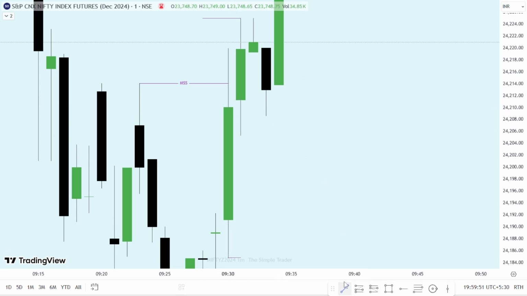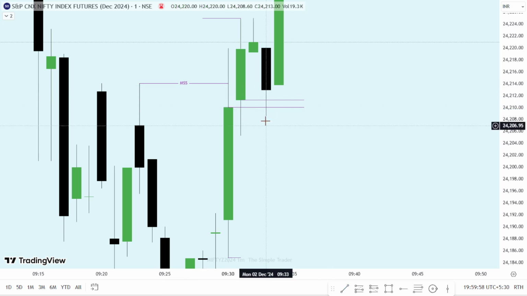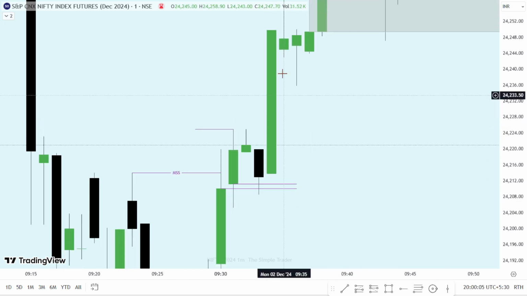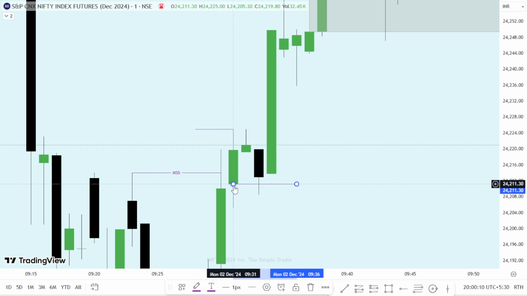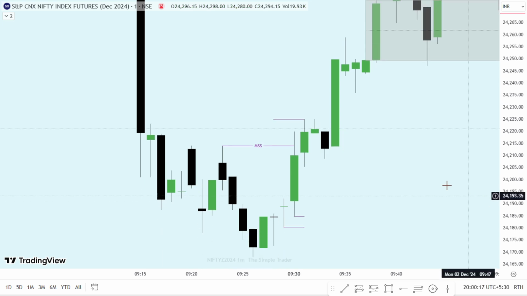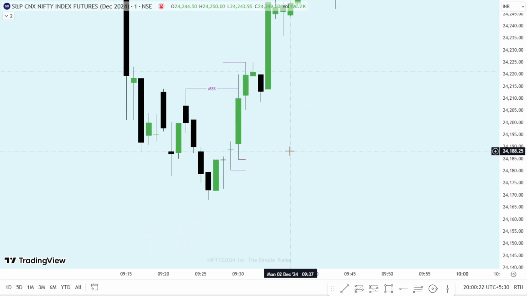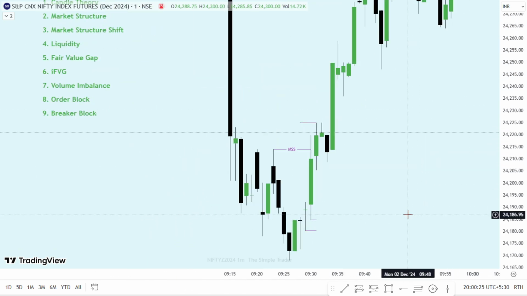So we can observe a volume imbalance in this area. Price usually comes down to this volume imbalance and then goes away. These are again areas of imbalance in price action, which the market tries to fill so as to provide efficient price action throughout the day. We'll study more about this in the next videos.